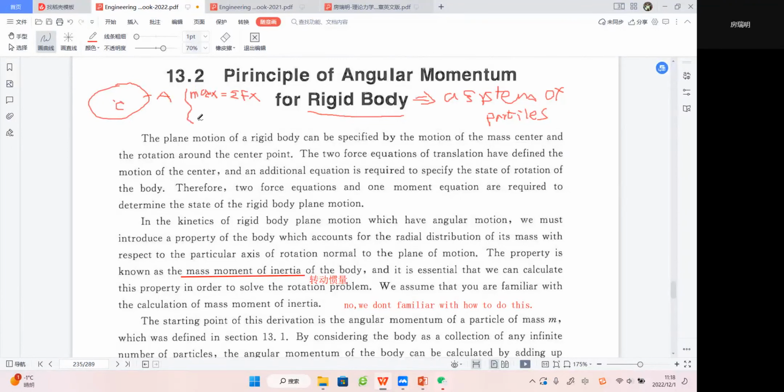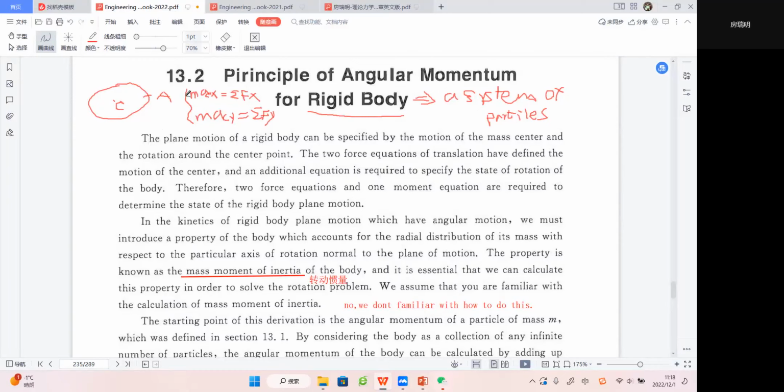So we also have MACY equal sigma Fy. So here, the two force equations means these two equations, right? We have learned this, we call that in Chinese the 质心运动定理, the principle of motion of the mass center. So MACX equal sigma Fx, and MACY equal sigma Fy.